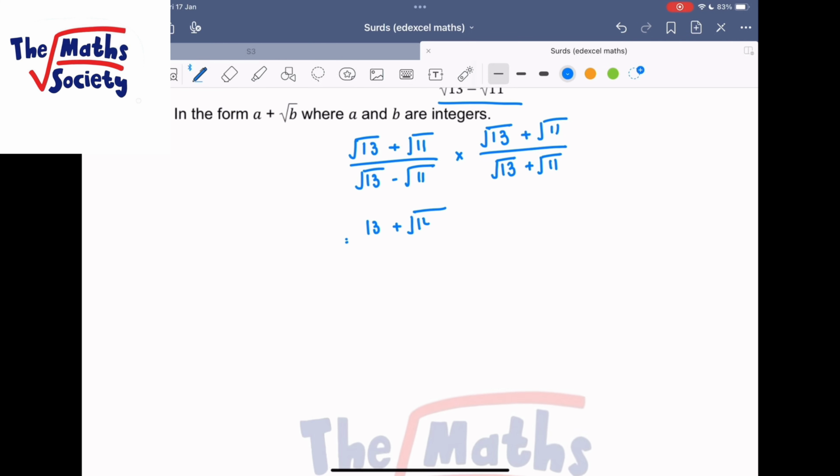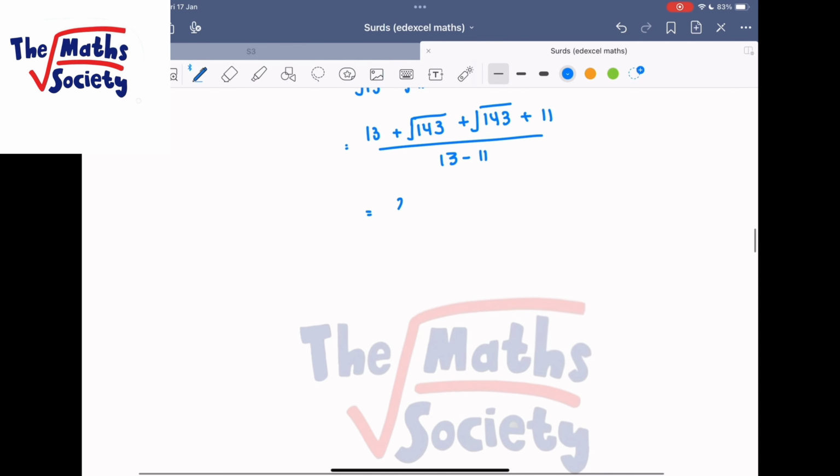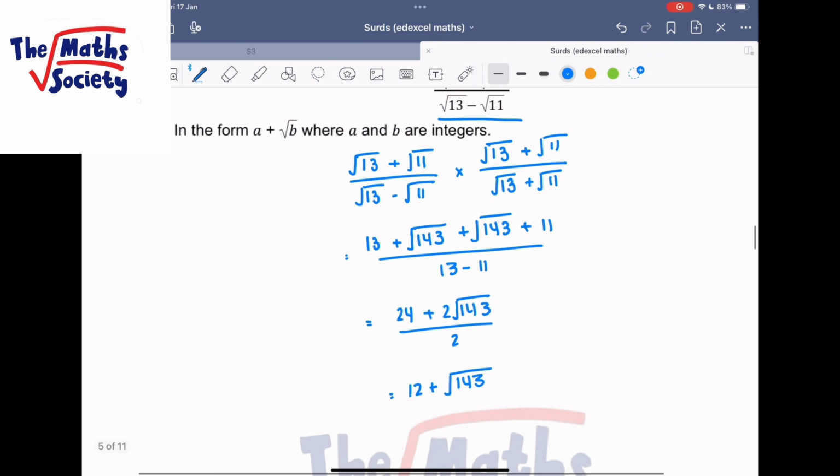That's 13 plus 143 plus 143 plus 11 divided by 13 minus 11. So then you should get 24 plus 2 root 143 divided by 2. You can divide it, so that's 12 plus root 143.